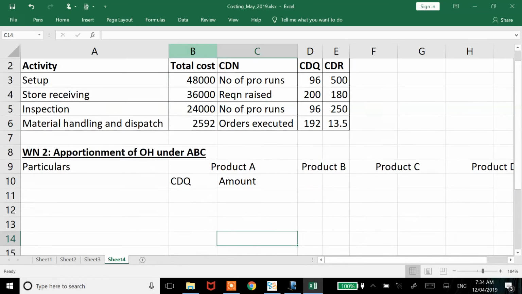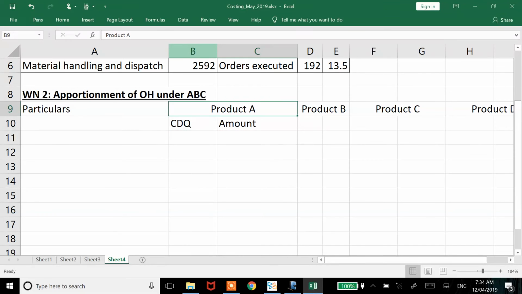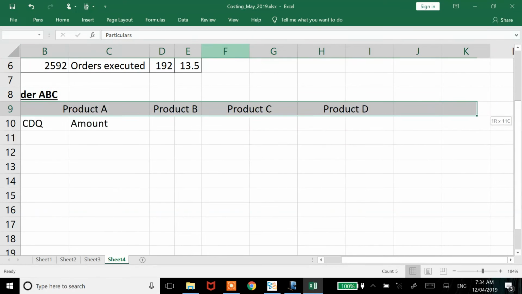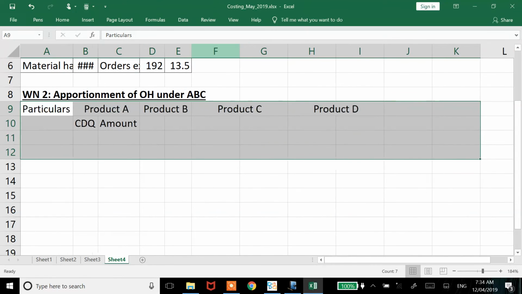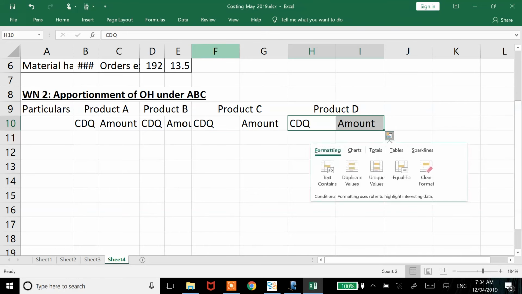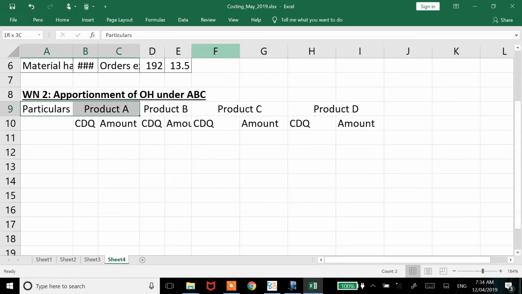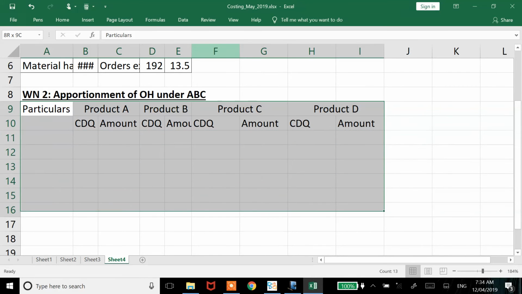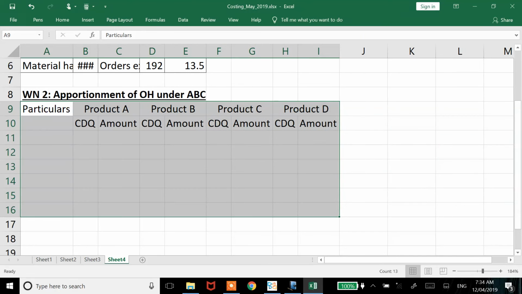Cost driver quantity and amount. That will be the sub columns for every product. The format is going to remain the same. Any problem I do, I'll end up writing the same thing.